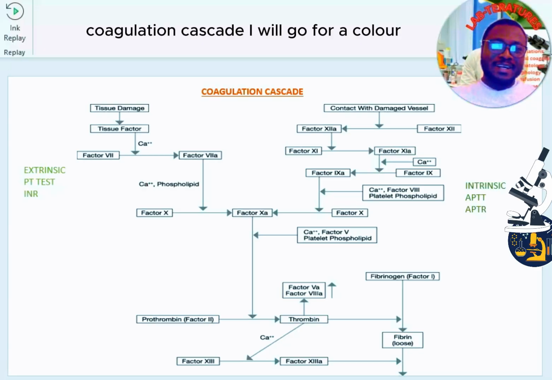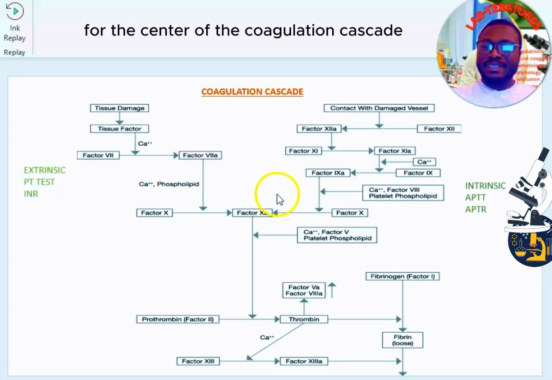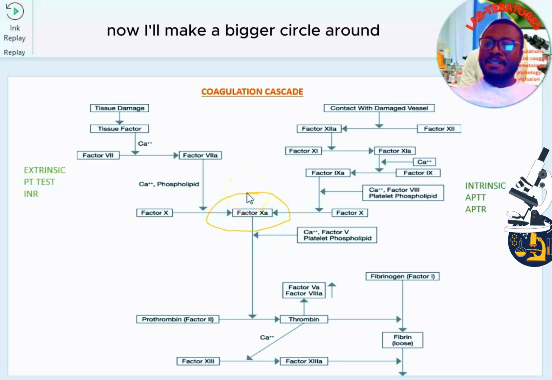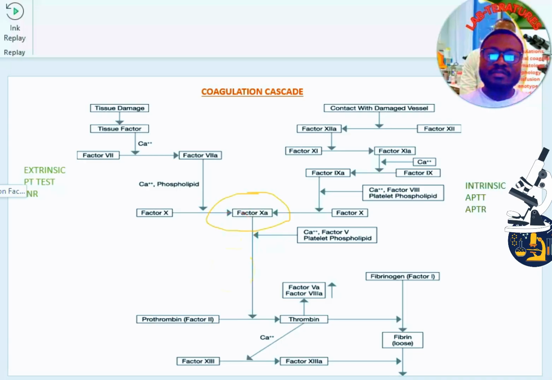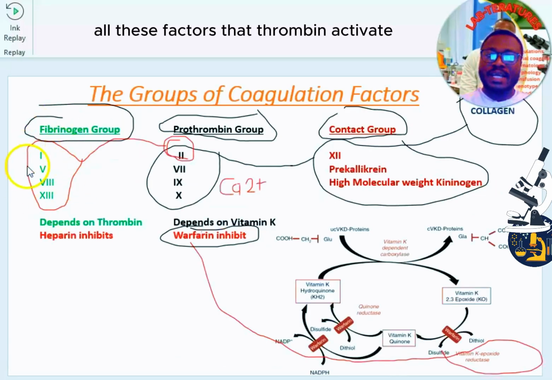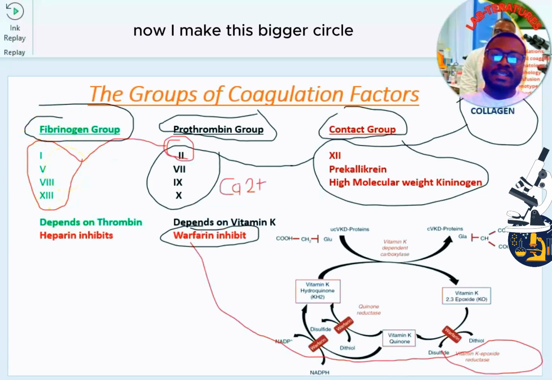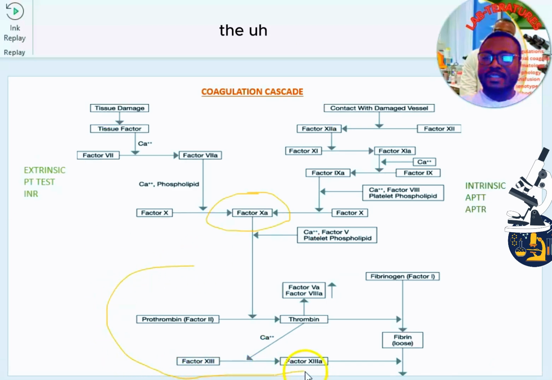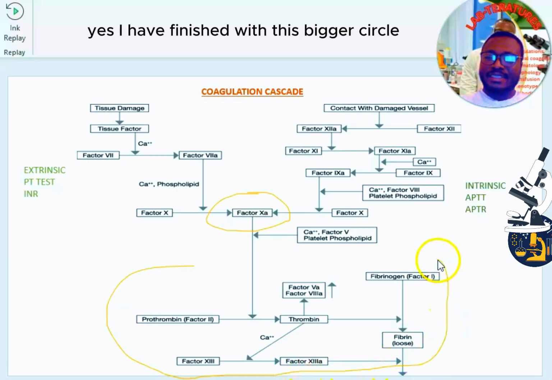I'll pick the color yellow for the center of the coagulation cascade, which is activated factor 10. Now, I'll make a bigger circle around all these factors that thrombin activates. Yes, I have finished with this bigger circle.